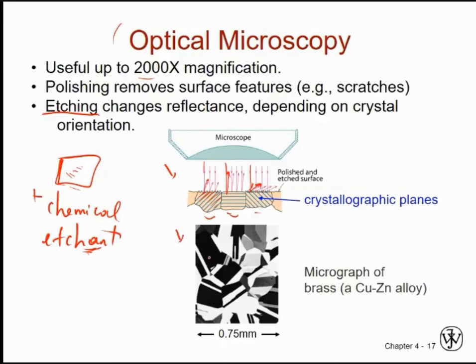Underneath you can see some grains shown as dark black, others gray or white, because of different reflections by grains. As a result, we can analyze grain size, phases, and so on. By the way, we use different kinds of etchants to reveal different phases, and we will talk about phases in detail in further classes.